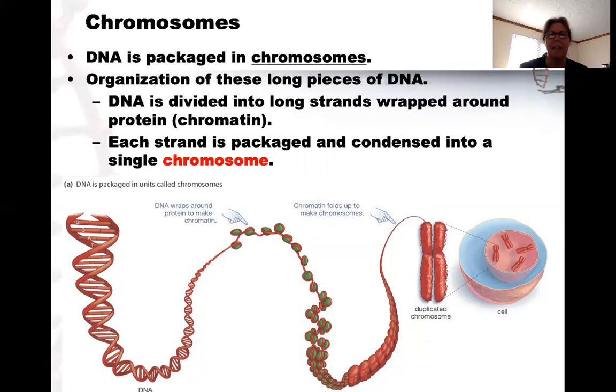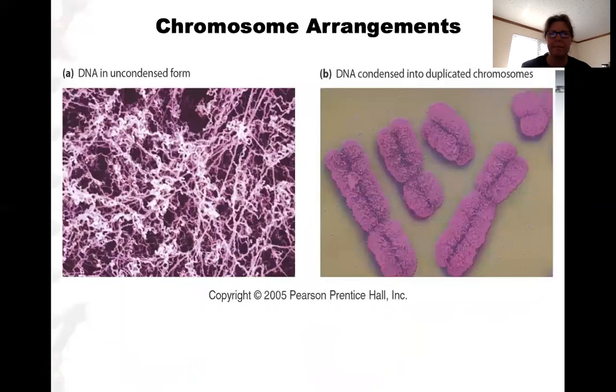However, if the cell is then told that it's going to end up dividing, it needs to wrap that DNA up so it doesn't get damaged in this process. And so it'll wind the DNA up into what we call chromosomes. So here's a picture of our unwound DNA, chromatin, and our wound up DNA, chromosomes.